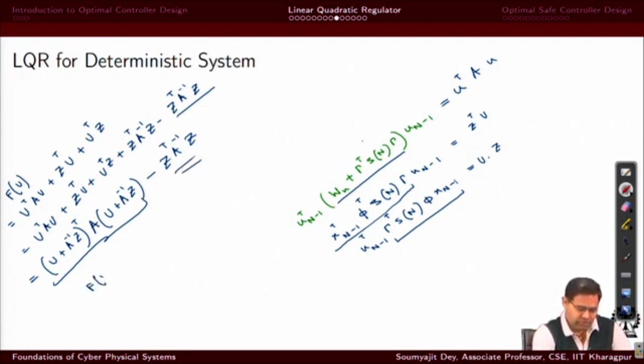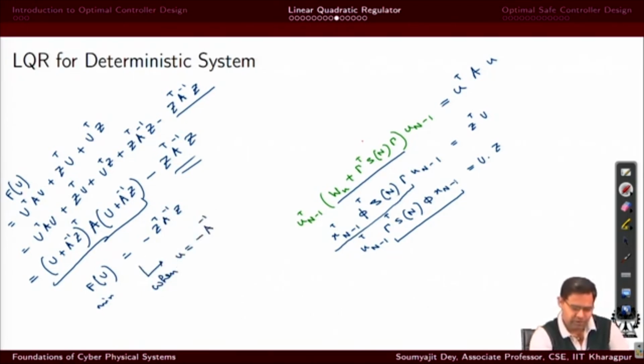So f u min would be this, and this will happen when this u is equal to minus A inverse z.